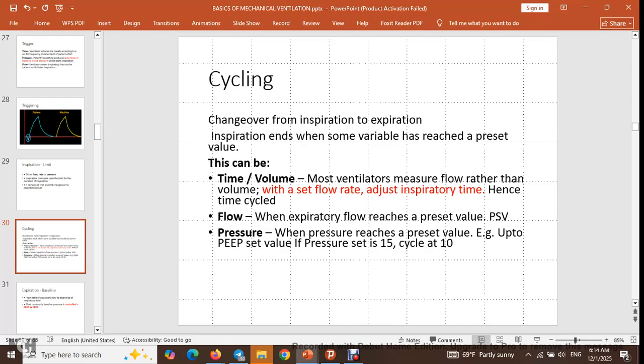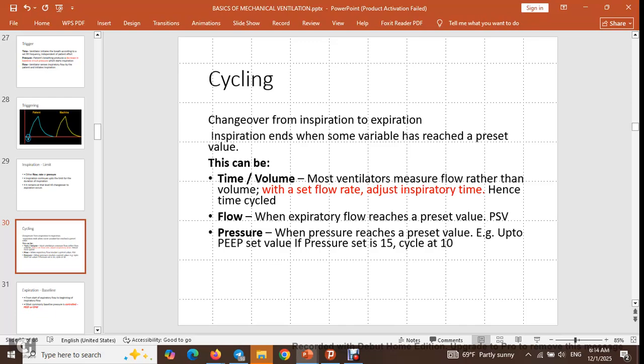So this is in volume control, based on set flow rate. For example, we can say cycling can start after 75% of the inspiratory flow is reached, so the expiration starts.